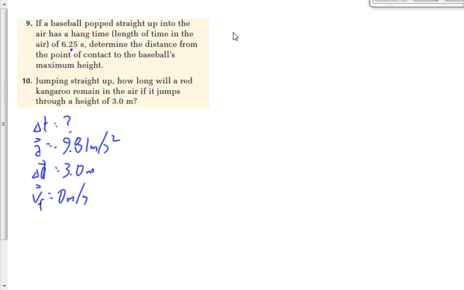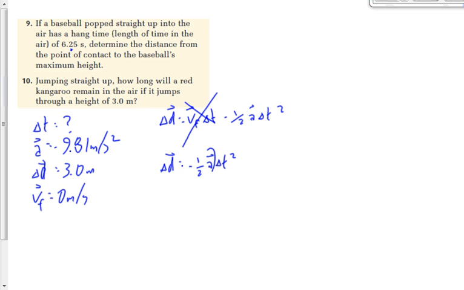Let's use this one again, same one we just used. This disappears because VF is 0, and 0 times time is 0. We're solving for, what are we solving for?